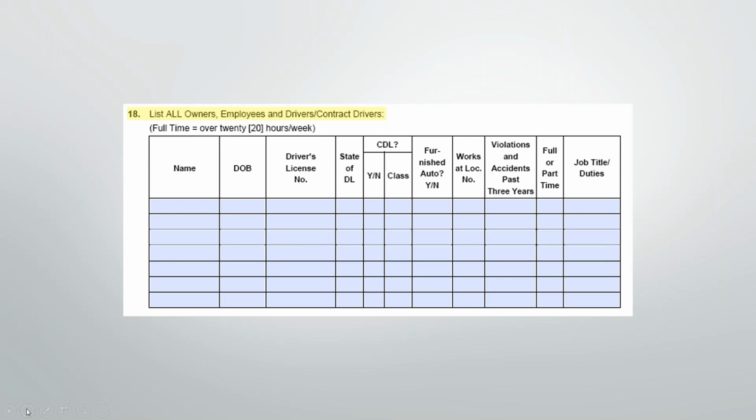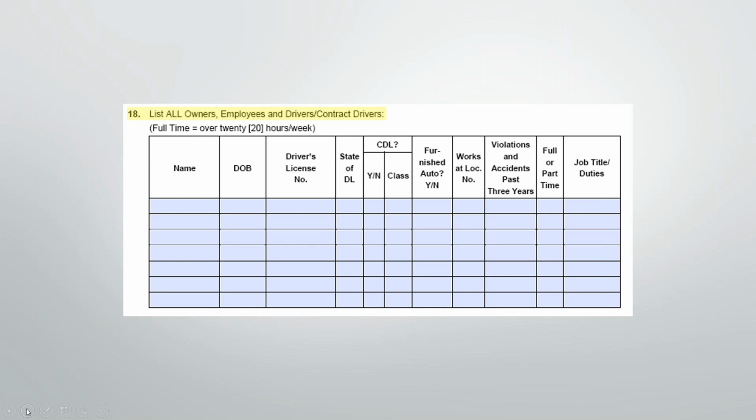Not only the drivers, I need everybody from clerical workers all the way up to the ownership. So please, please, please. I don't need everyone's driver's license number, but I do need at least their names, their job duties, whether they're full-time or part-time, and are they furnished an auto, and which location they're working at if there are multiple locations.